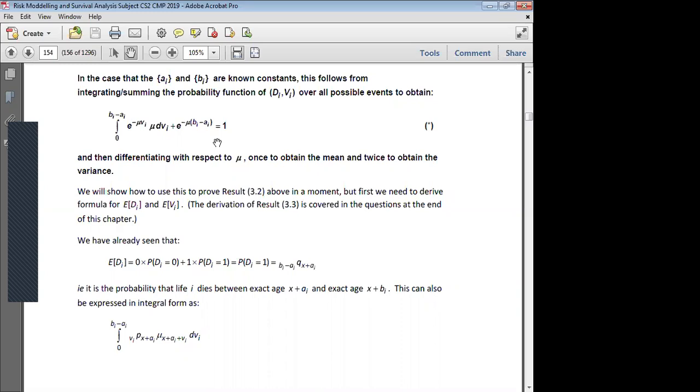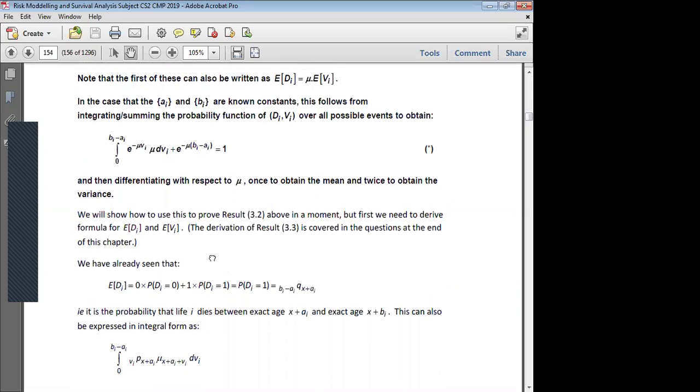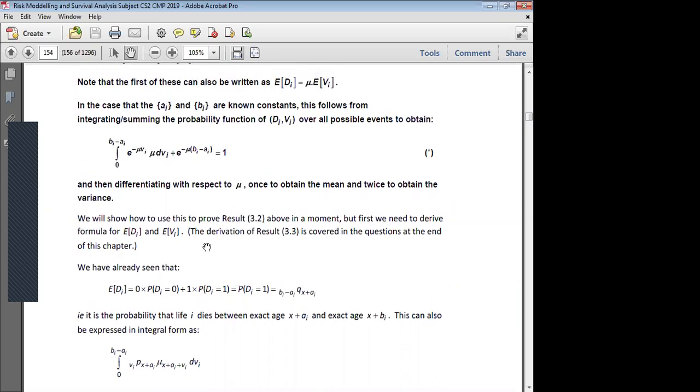So I'm just guessing. Can I say that? Yes, go on. Like it was the 82nd birthday to the 83rd birthday. So is it the combination of the probabilities that a person will make it to 83 or will die between bi minus ai or something like that? I'm just guessing.